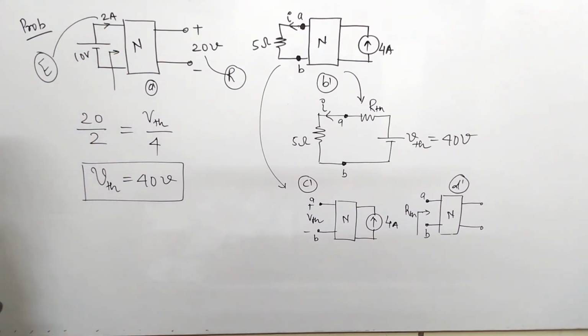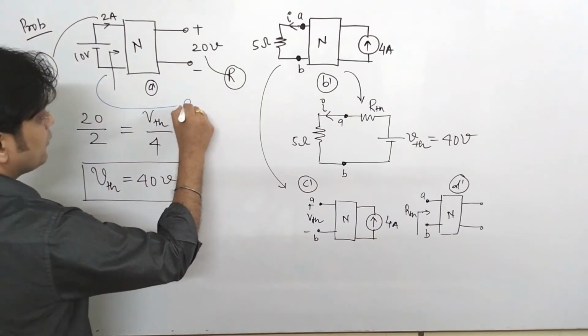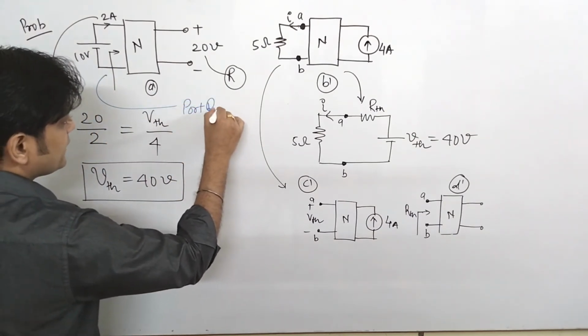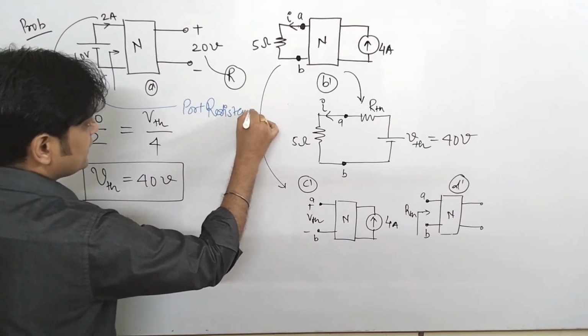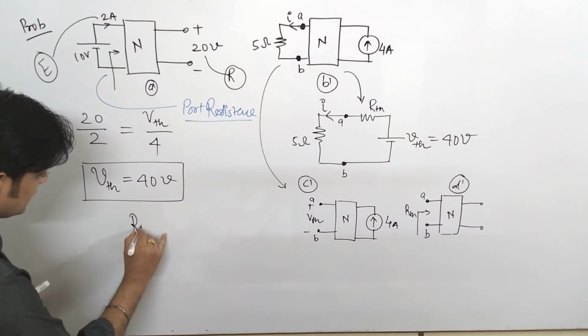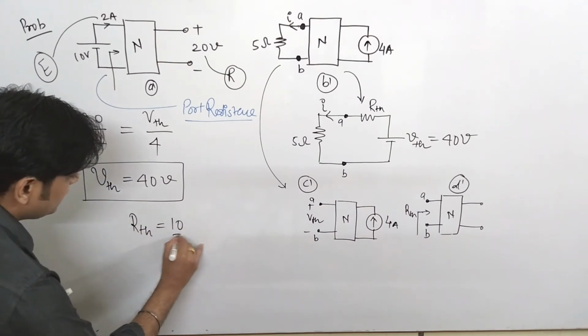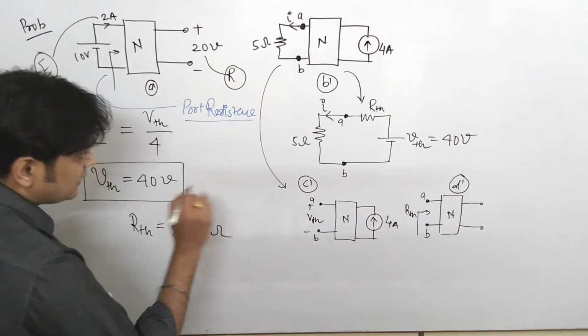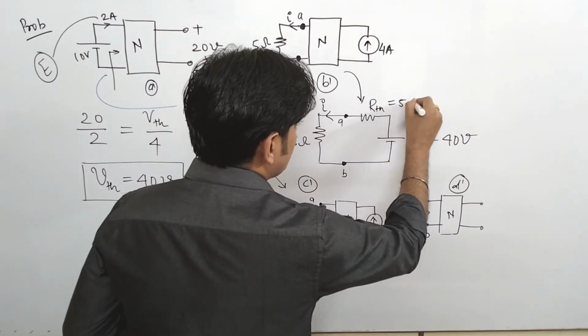We call it the port resistance. In this condition, if you find the port resistance, the value of RTH is 10/2, that comes to be 5 ohm. Very simple. The value of RTH comes to be 5 ohm.